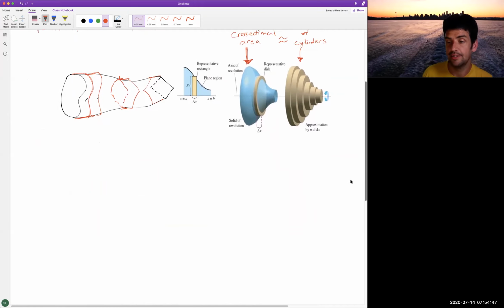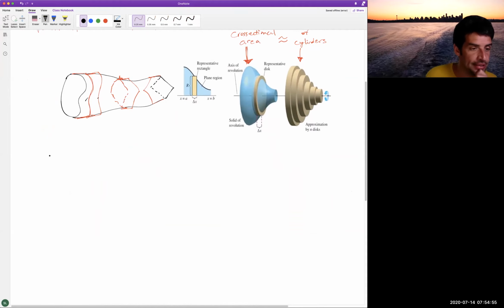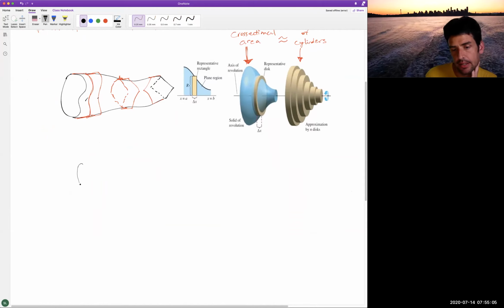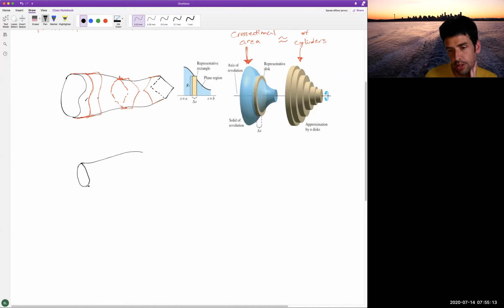All right, let's try to do this. Let's organize a little bit more. I'll try to do a simpler drawing to make things easier to see. So here's the idea. Suppose we have a solid that's not a right cylinder. I'm going to draw something not too complicated.